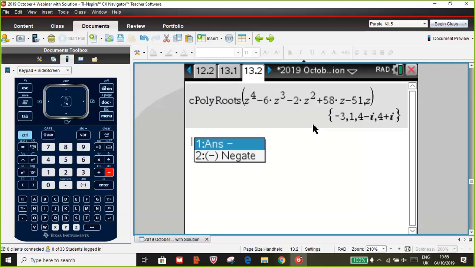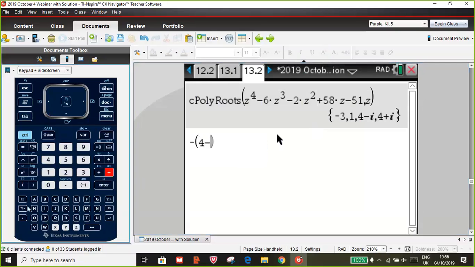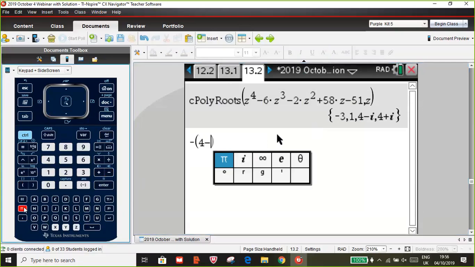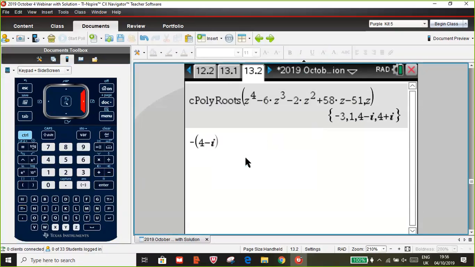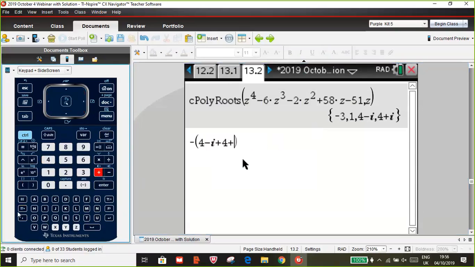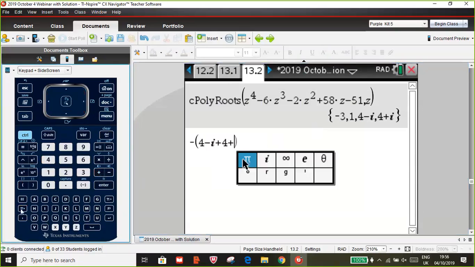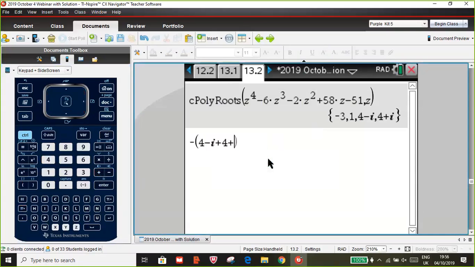So the sum of roots, 4 minus i plus 4 plus i, you get 8. Product of roots.